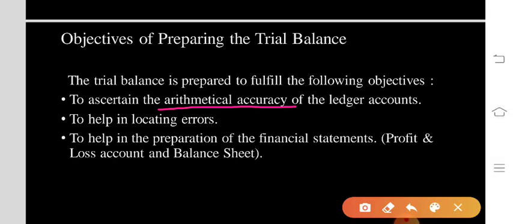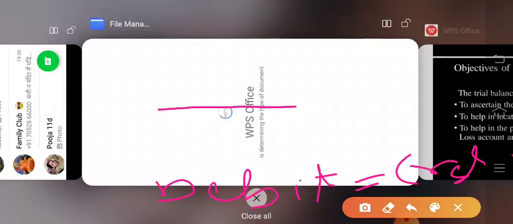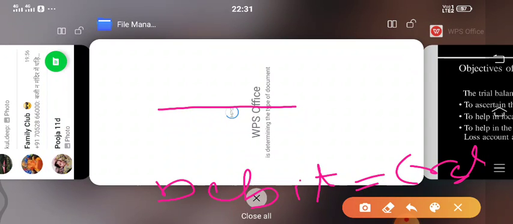So it is the best way to measure my accuracy. Any organization prepares a trial balance to check the arithmetical accuracy. That means whether things are recorded in a correct manner, and whether the debit and credit totals are tallying. So this is the general concept.